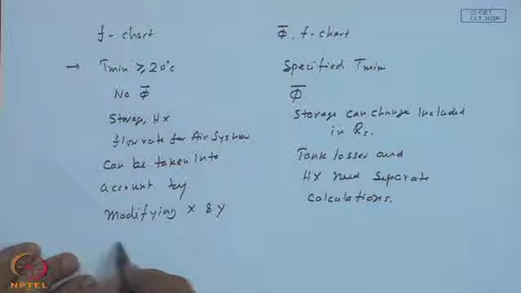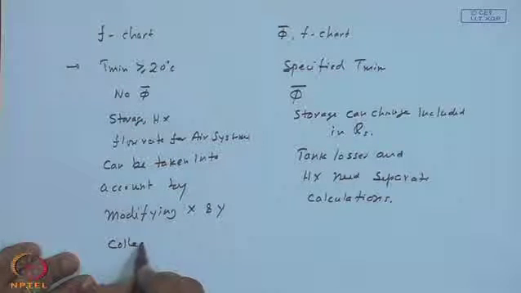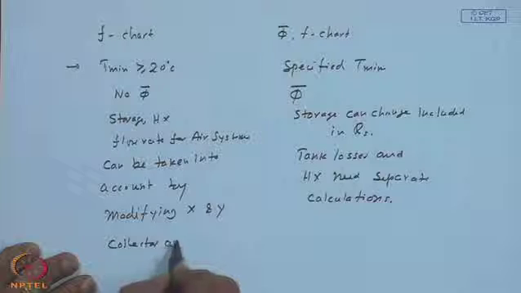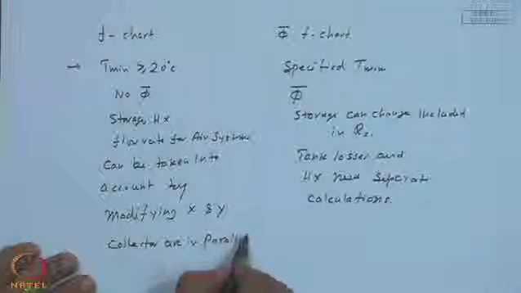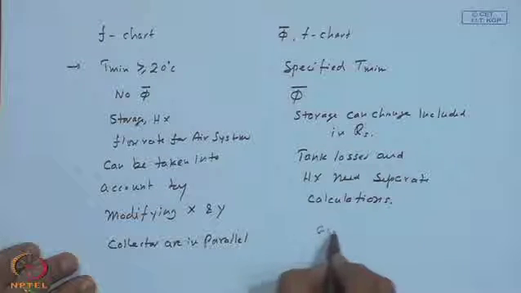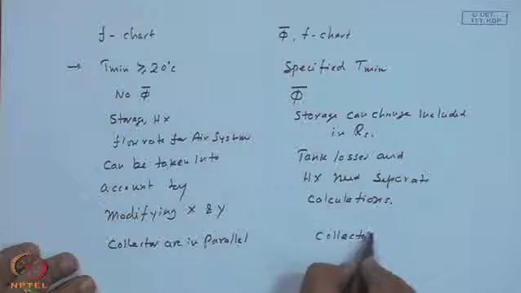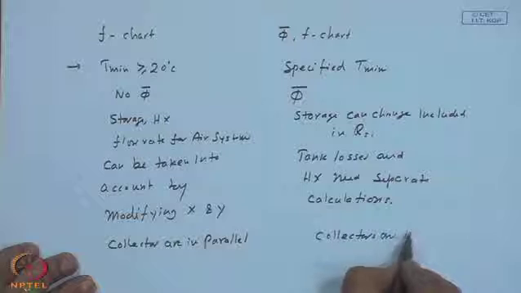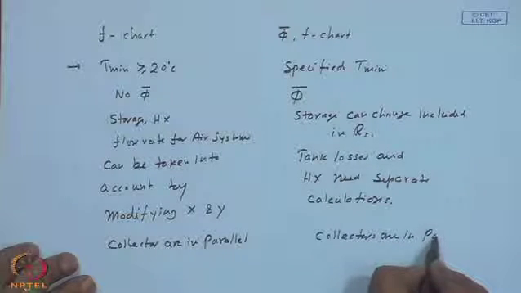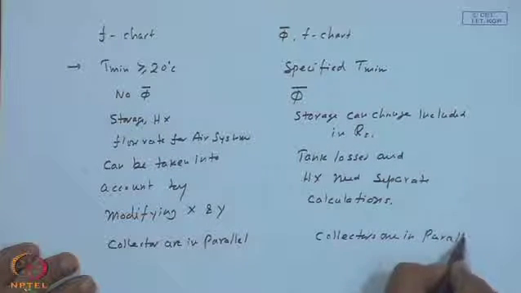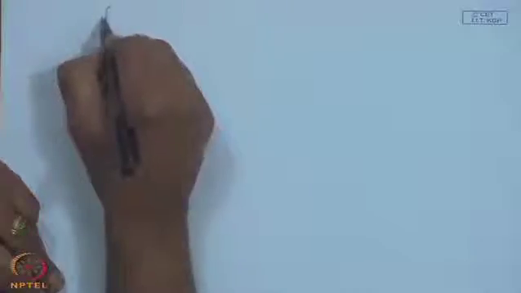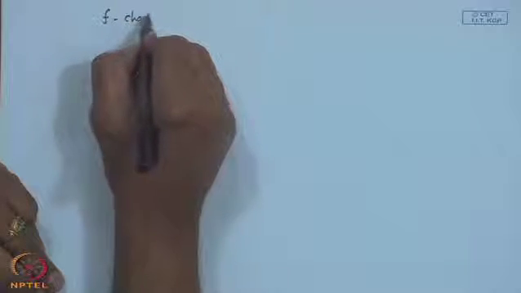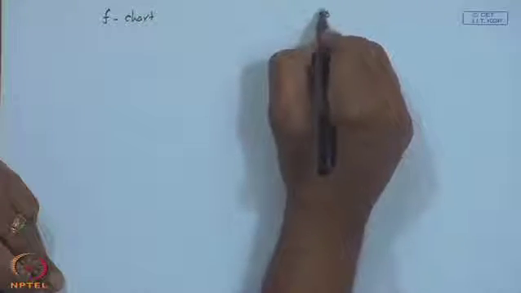In both the cases, collectors are in parallel. Here also, again F chart and your phi bar F chart.